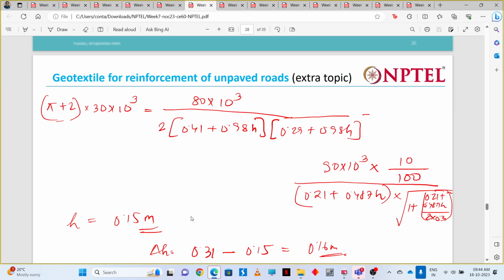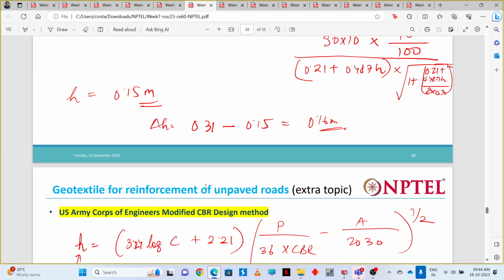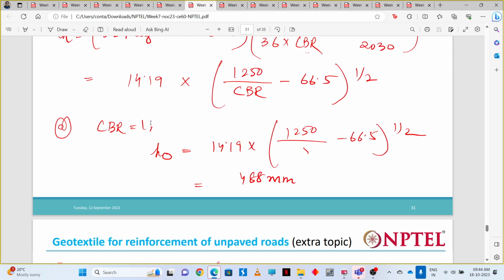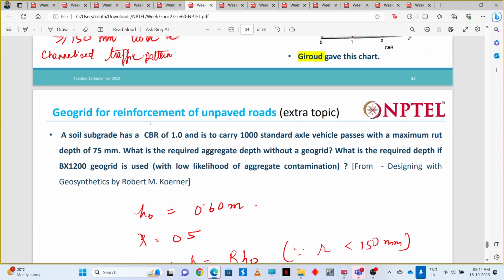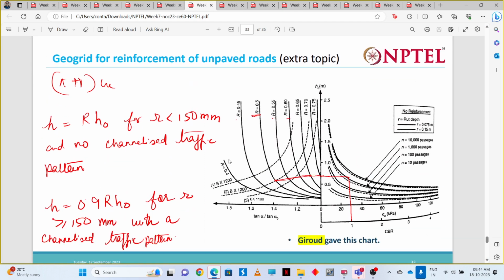But if we use a geotextile reinforcement, we can reduce that thickness by 50%, in fact by more than 50%. That aids in huge saving of cost. All these things we have discussed. First we discussed geotextile, then we discussed geogrid reinforcement.